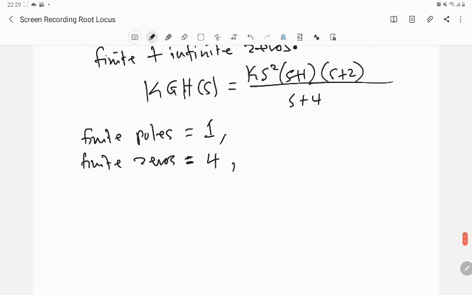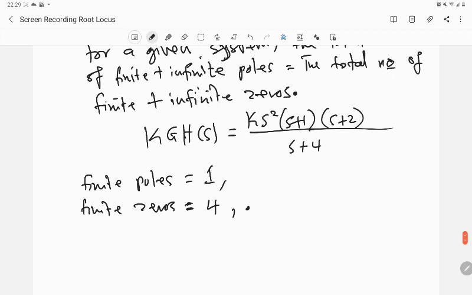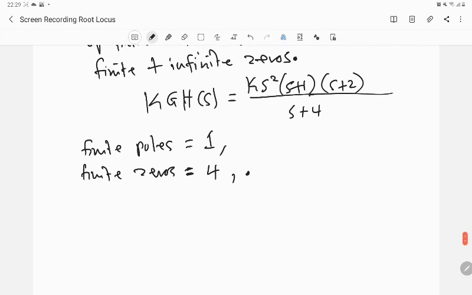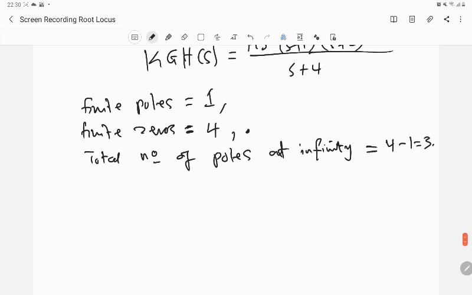So the total number of poles at infinity will be equal to 4 minus 1 equals 3.